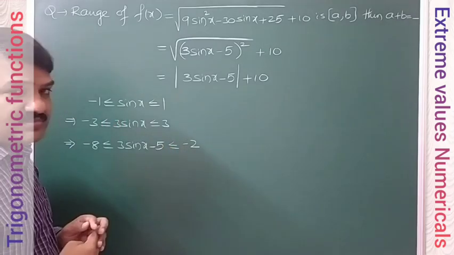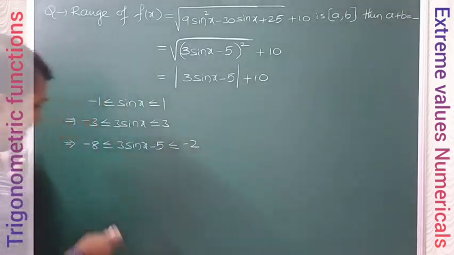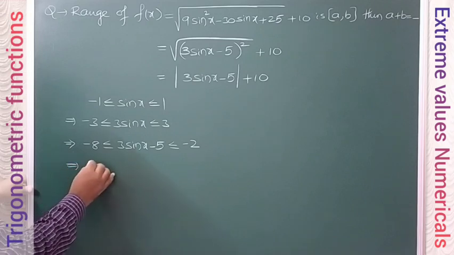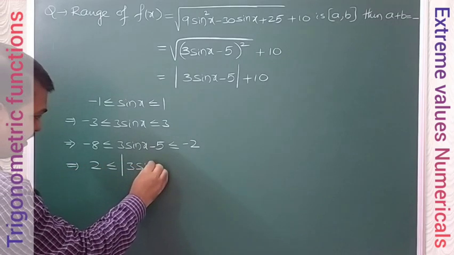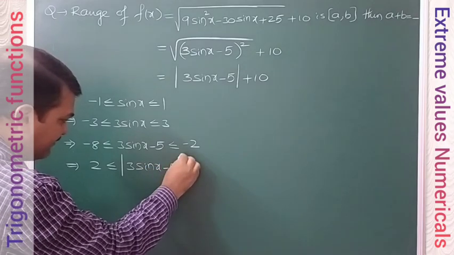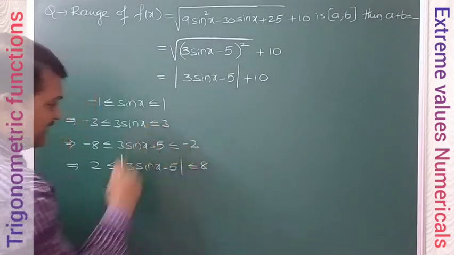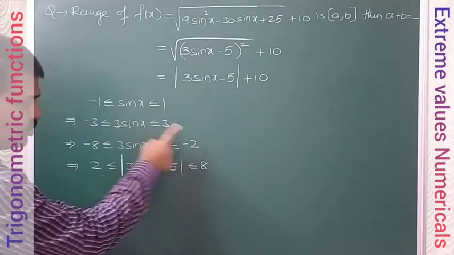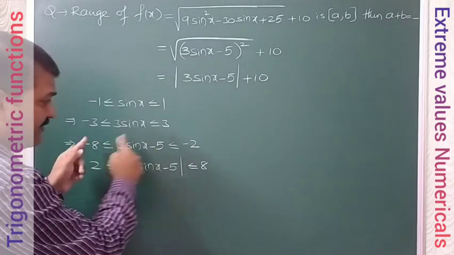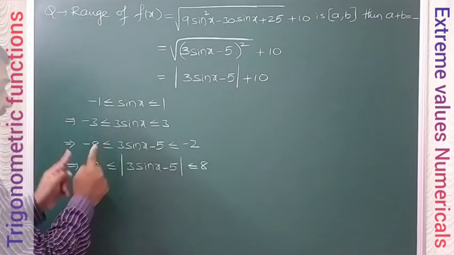But the smaller value we write first, no? So I can write like this: 2 less than or equal to modulus of 3 sin x minus 5 less than or equal to 8. So when you take modulus, it becomes 8 to 2 actually, but the smaller value we write first, therefore I am writing 2 to 8.